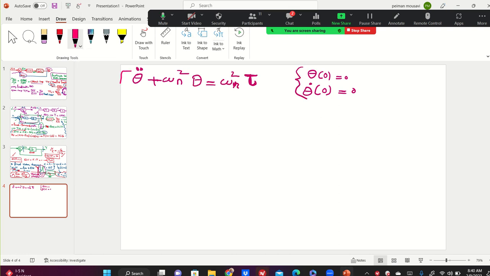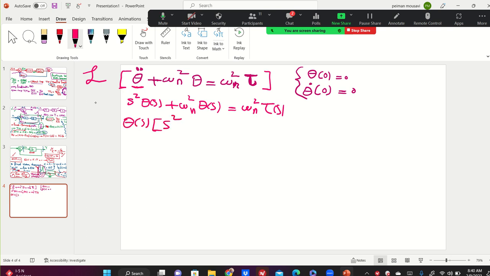So I'm going to apply the Laplace transform to both sides. Based on what I taught you about the second time derivative, it's going to be s squared theta of s plus omega n squared theta of s equals omega n squared tau of s. If you factor out theta of s, it is (s squared plus omega n squared) theta of s equals omega n squared tau of s.